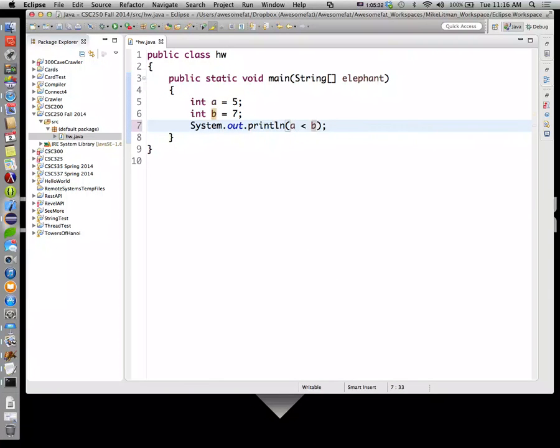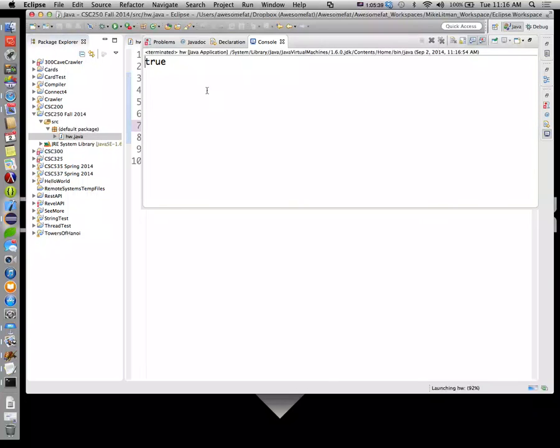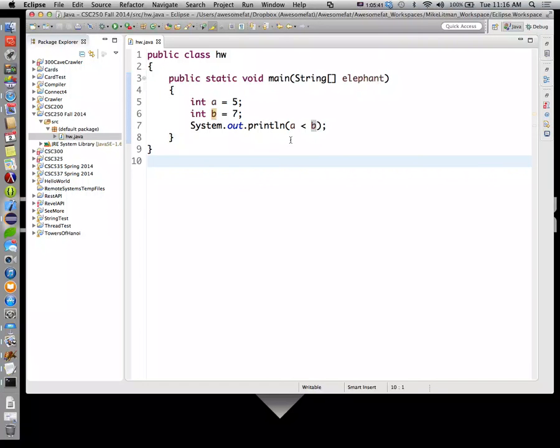Is A less than B? True statement, right? 5 is less than 7? That's true. What if I said not 5 less than 7? Now it's false. In parentheses here, we have A less than B, which is true.